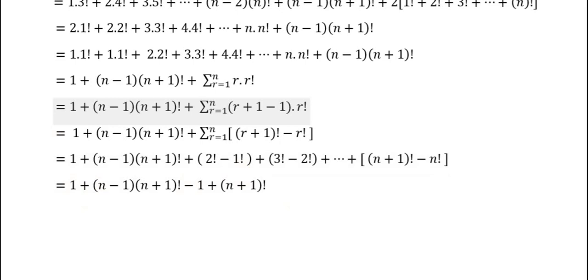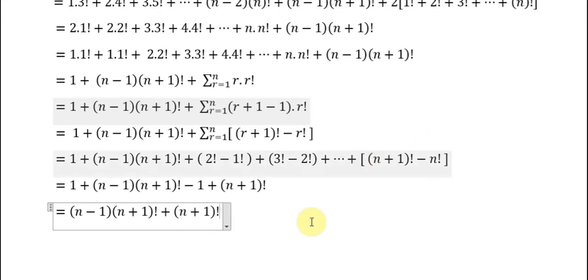One minus 1, and we get this. We have n plus 1 factorial. We put in the factor.